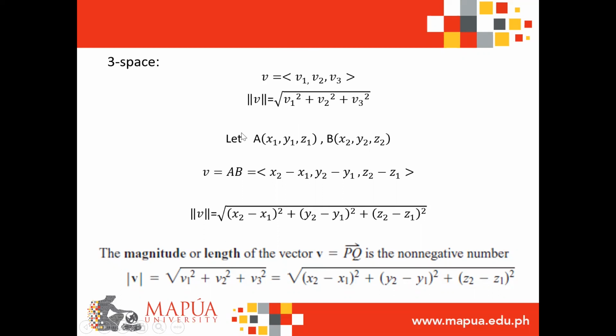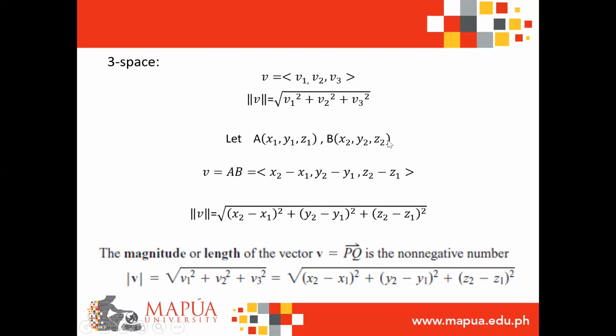Then if we have a vector whose initial point A and terminal point B are given with their corresponding coordinates, for point A, x1, y1, z1, and for point B, x2, y2, z2, the vector v, represented by the line segment AB, is now equal to ⟨x2 minus x1, y2 minus y1, z2 minus z1⟩ as its components.